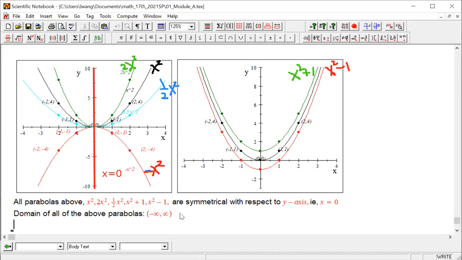How about range? Range varies. Okay, so we have covered them all. So that's all for now. And next time we're going to talk about horizontal shift, right? So the vertical shift, horizontal shift. So next time we're going to talk about horizontal shift. Thank you.